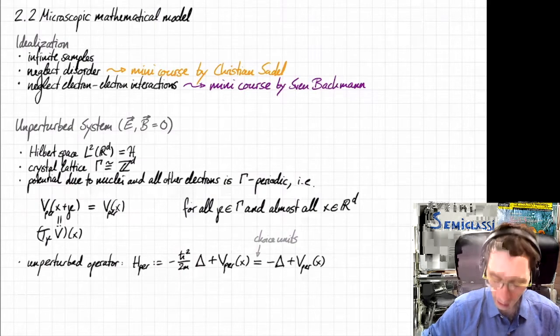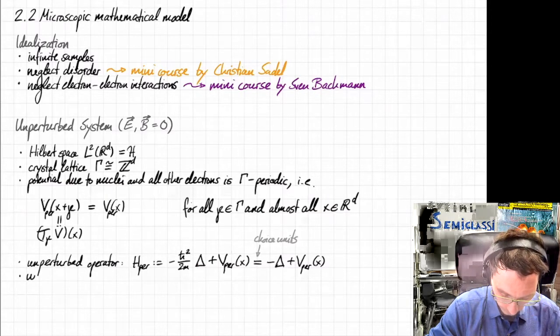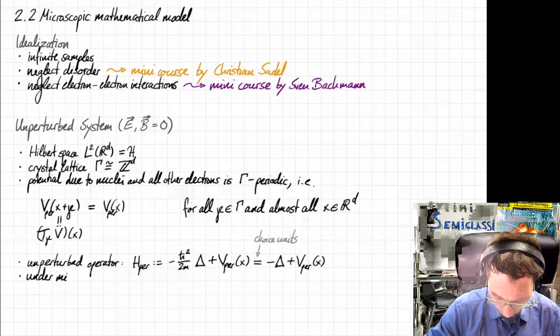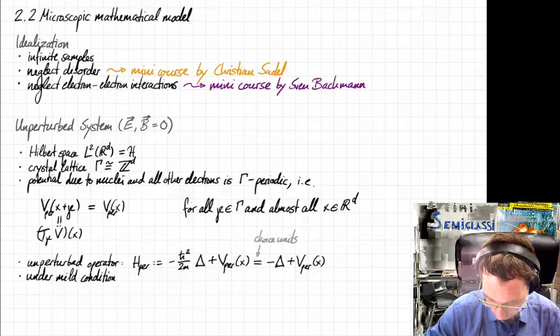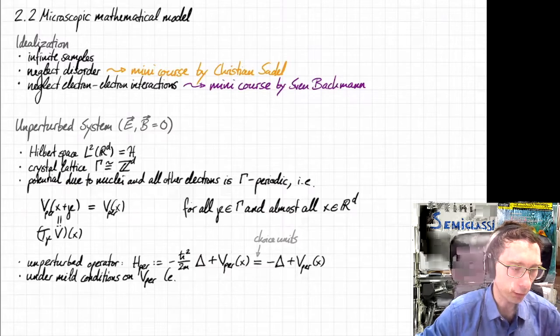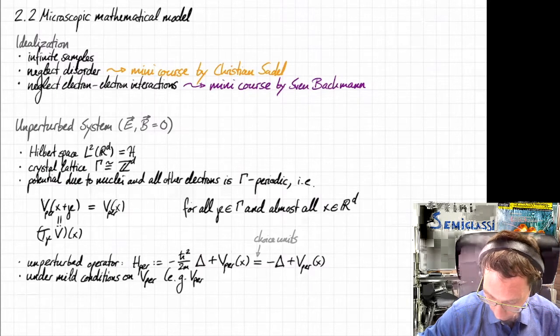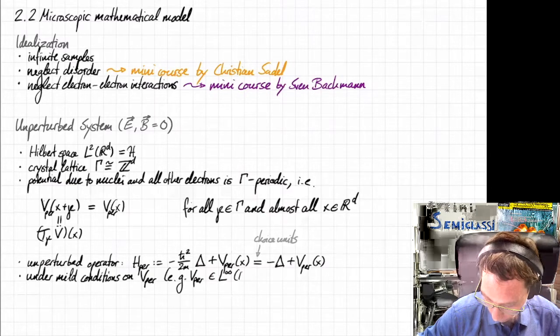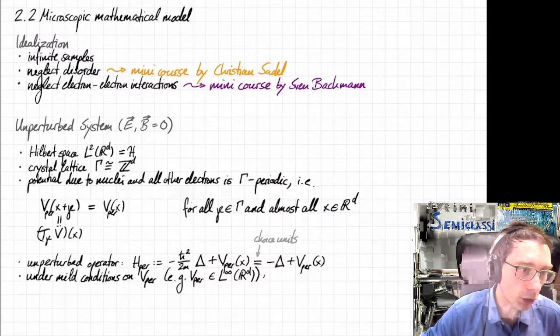And then under very mild conditions on the potential, so for example, you could assume that V periodic is in L infinity, the periodic operator is self-adjoint.